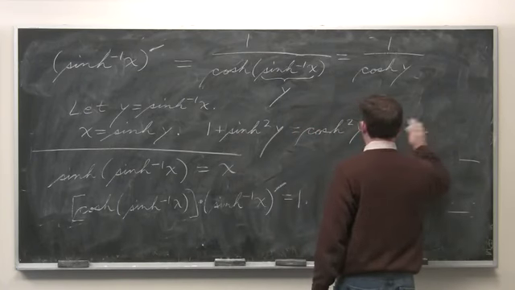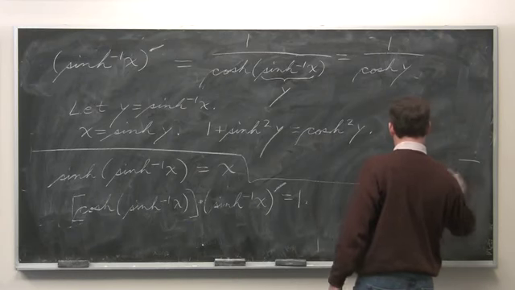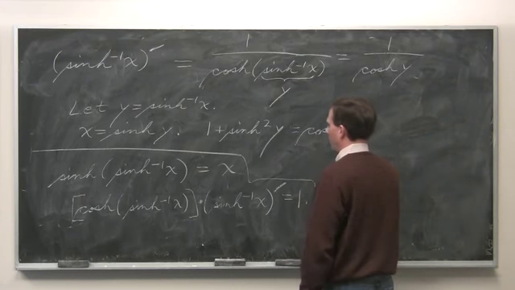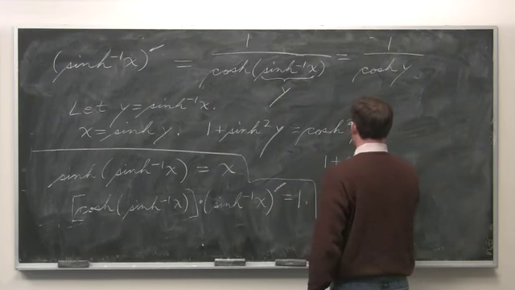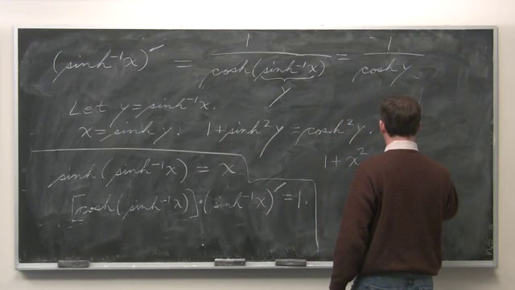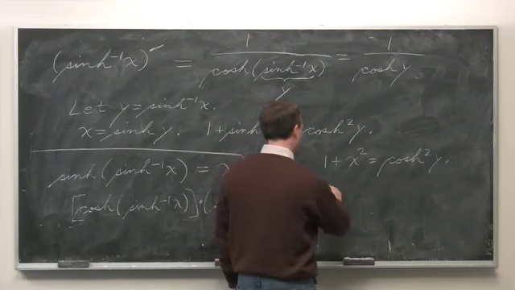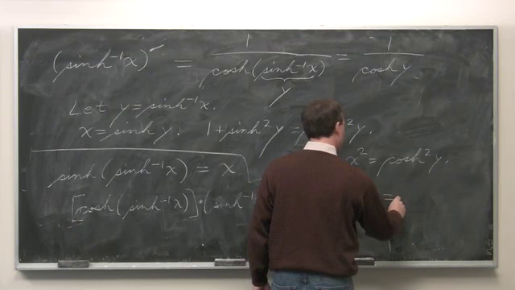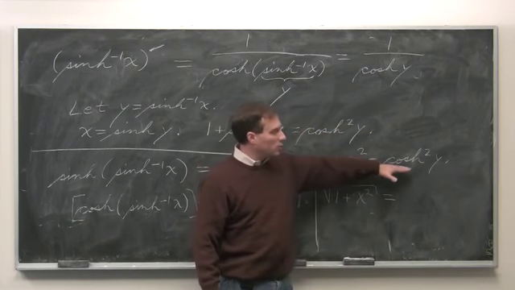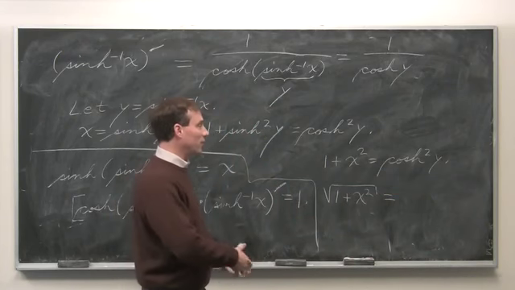So this means that, but this is 1 plus x squared. 1 plus x squared equals hyperbolic cosine squared of y. And you take square roots of both sides, so you get the square root of 1 plus x squared equals, and now you have to be slightly careful, the square root of something squared is not always the original thing, it's the absolute value of it.